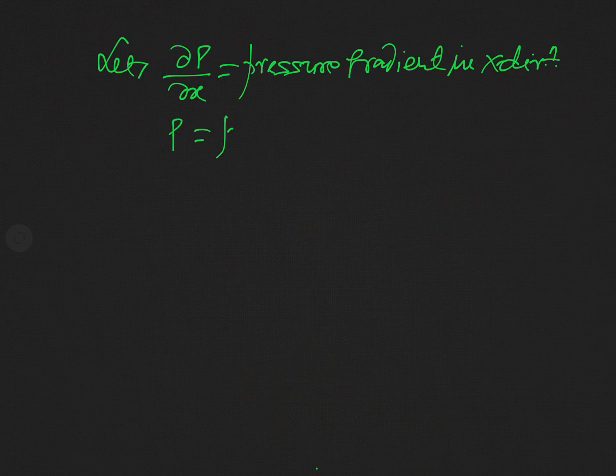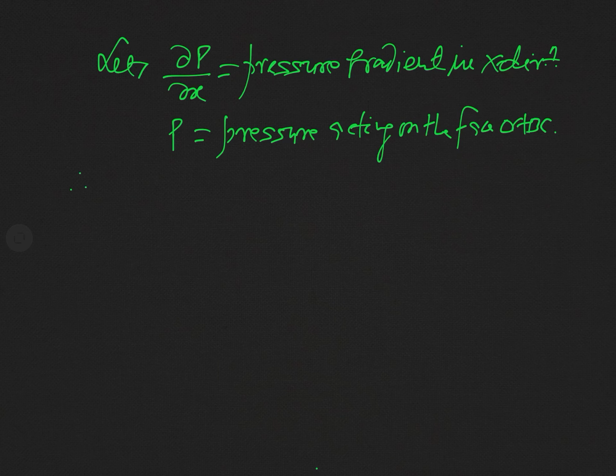P equals the pressure acting on the face OABC. Therefore, P plus del P by del x into dx is the pressure acting on the face DEFG.